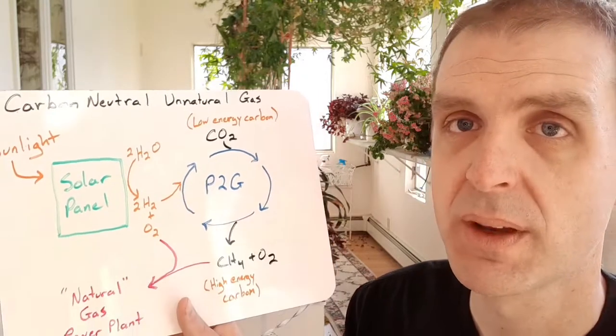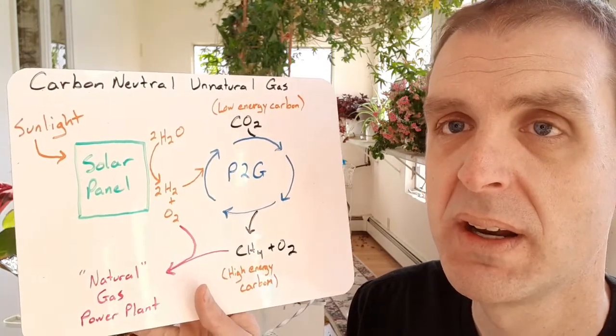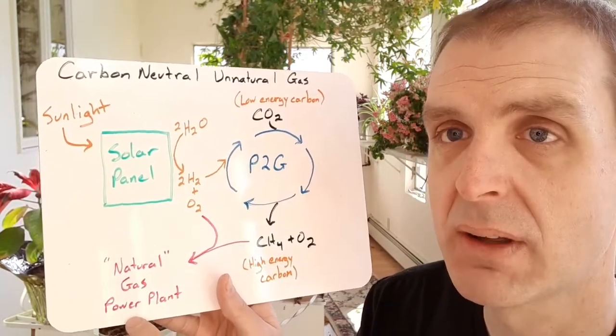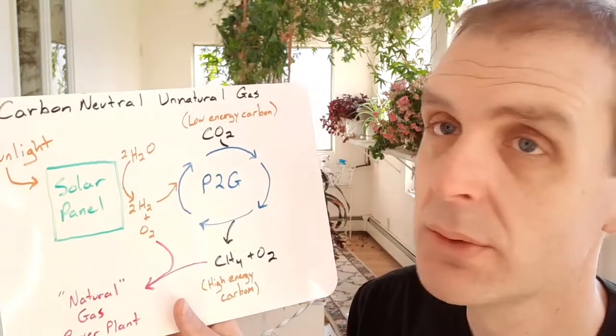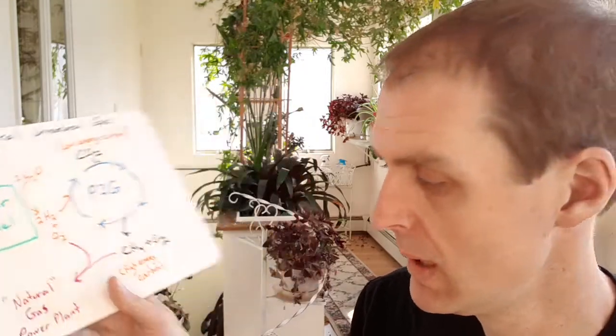And so carbon neutral, a way to store energy. We would use natural gas power plants that already exist, and we would be able to have a carbon neutral way of storing all that excess energy when sunlight and wind are prevalent, and you'd save it for when the sun stops shining and the wind stops blowing.